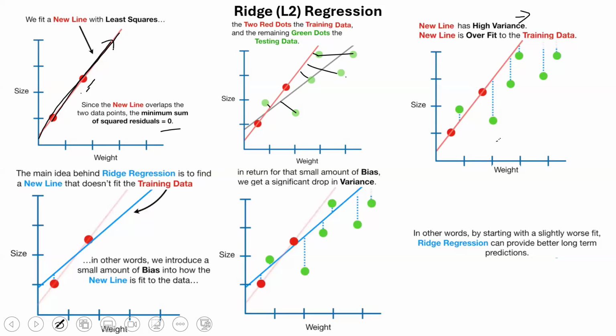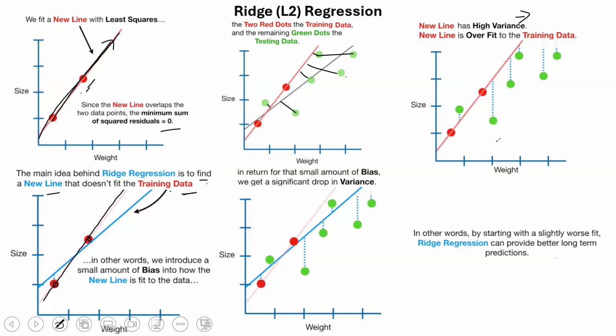To avoid this overfitting problem, ridge regression introduces something called bias. The main idea behind ridge regression is to find a new line that does not fit the training data perfectly. When you are given only two data points, you will always get the straight line joining those two points.